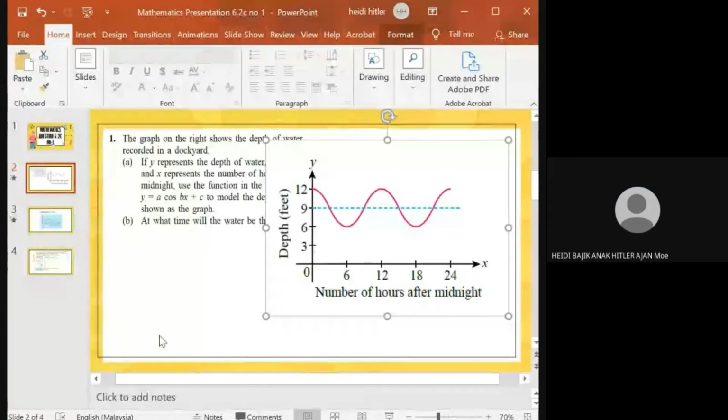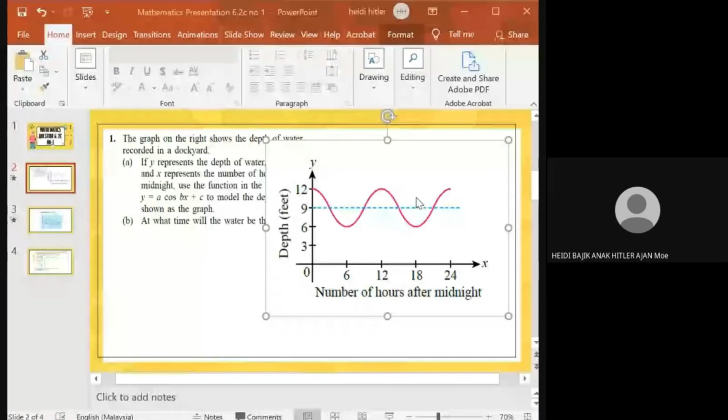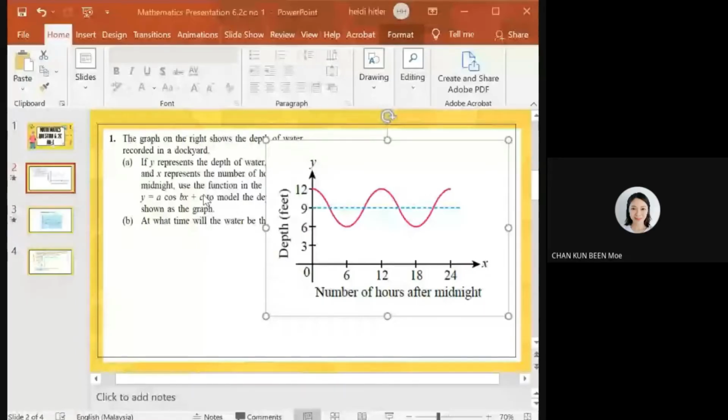Okay, so we have the amplitude, which is equal to 3, and b, which is equal to 30. So you can substitute it in the function y equals 3 cosine 30x plus c. Now if we write only y equals 3 cosine 30x, the line here, can you see what I'm pointing?